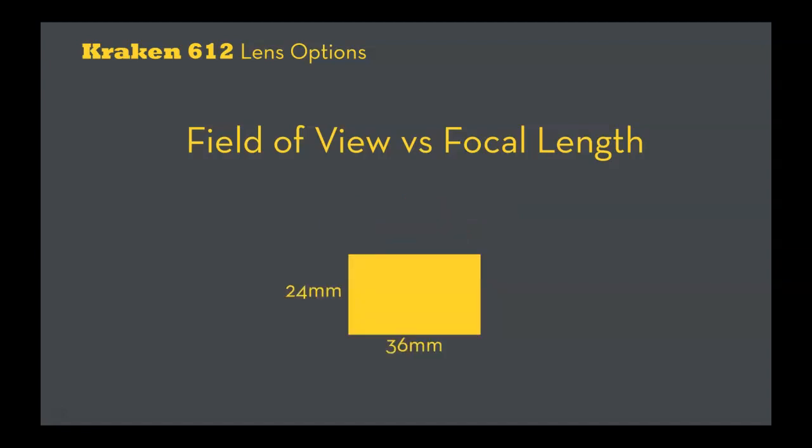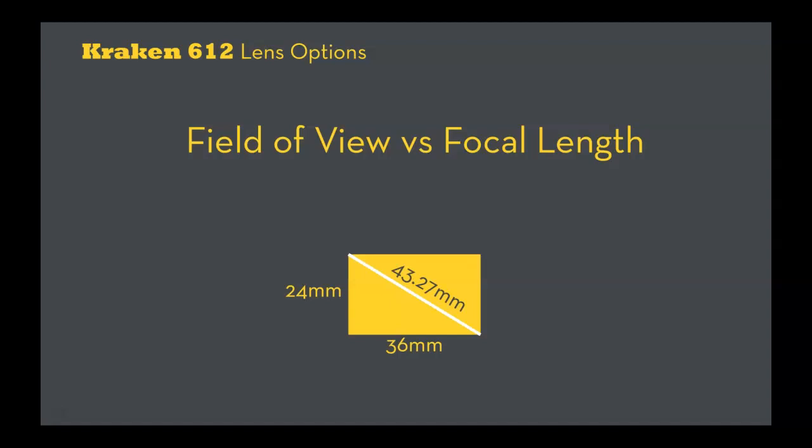So let's take a look at the 35 millimeter frame. The 35 millimeter frame is actually 36 millimeters wide by 24 millimeters tall, and that's general. There are some cameras that shoot a little bit bigger and some cameras that shoot a little bit smaller, but this is the general view. Now, if we take this rectangle and we put a hypotenuse on it, we cut it in half diagonally, we get a number of 43.27.